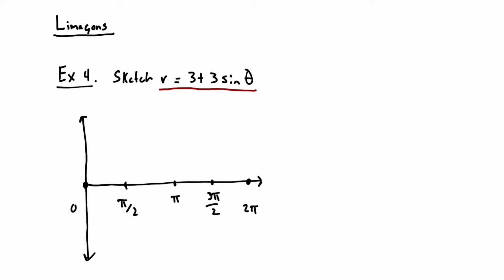Now this trig function has an amplitude of 3, and it has a vertical shift by 3 units. So assuming this is our theta and this is our radius, the graph of our function should look like the following.